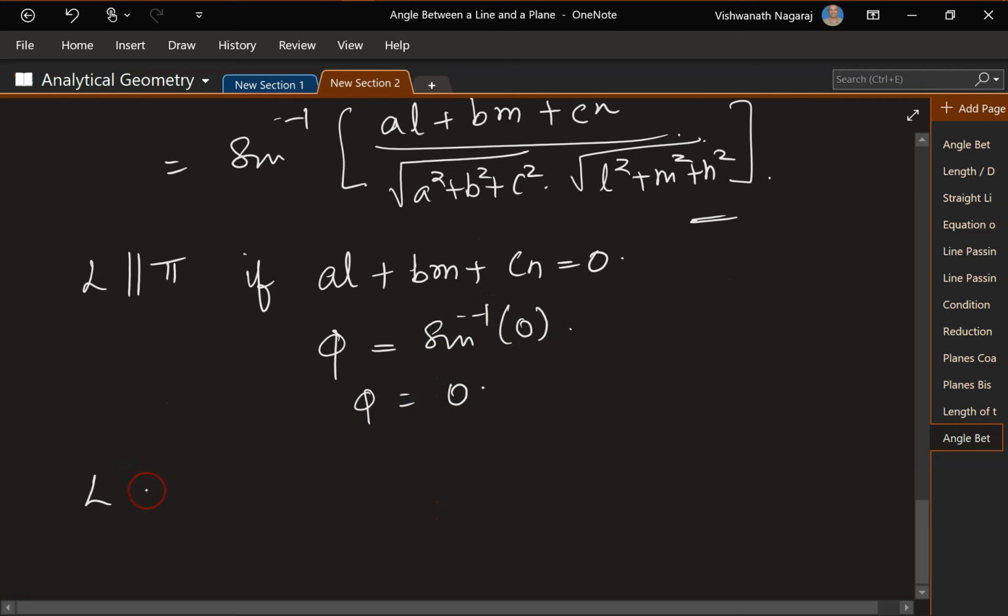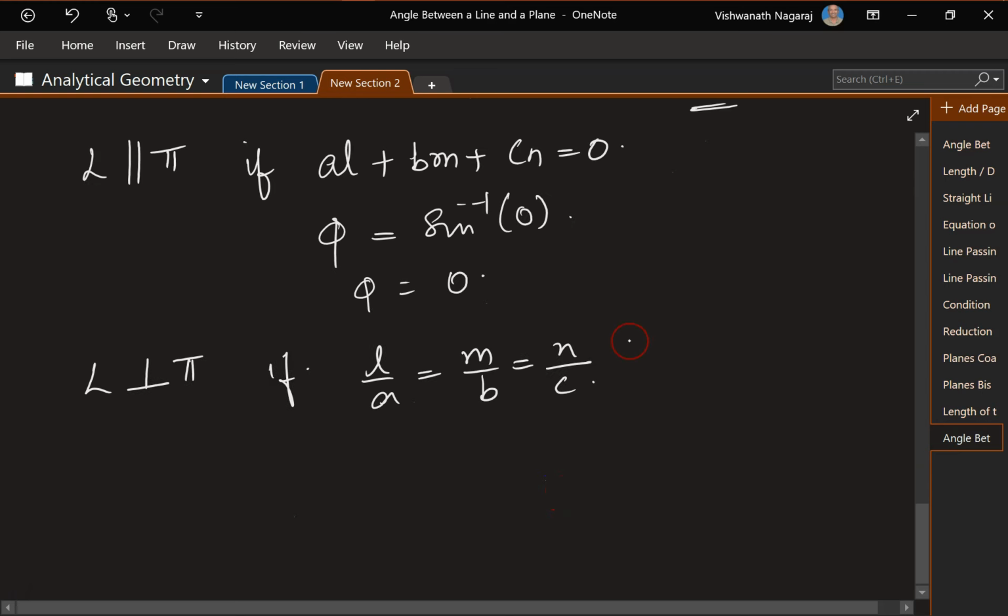In case of L being perpendicular to pi, this would be possible only if l by a is equal to m by b is equal to n by c. Let's say this is k. So l is equal to ka, m is equal to kb, n is equal to kc.